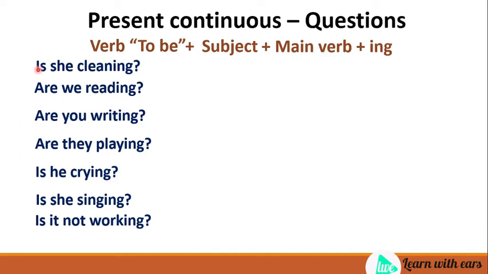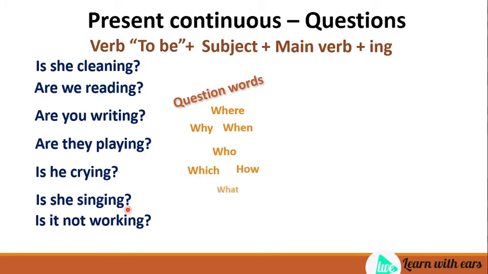In questions, we use verb to be first, then subject, then main verb with ing. We also use question words for asking questions like where, why, when, who, which, how, and what. Okay, these are question words.